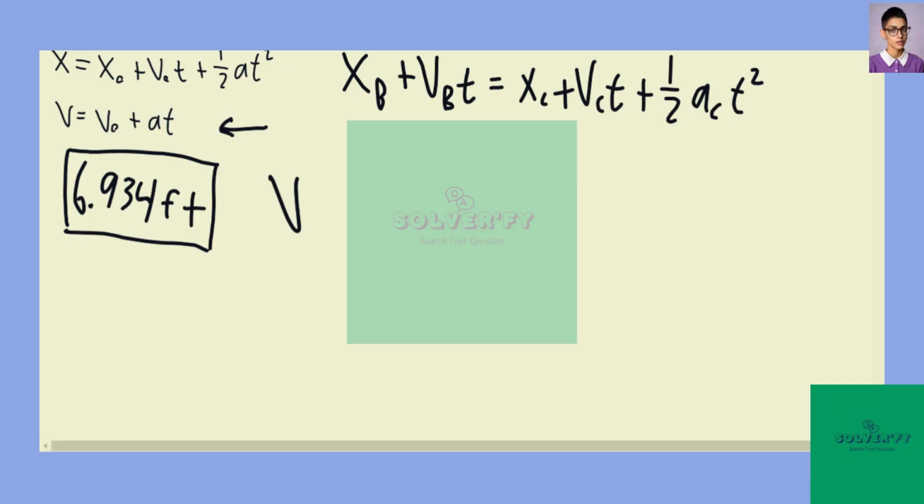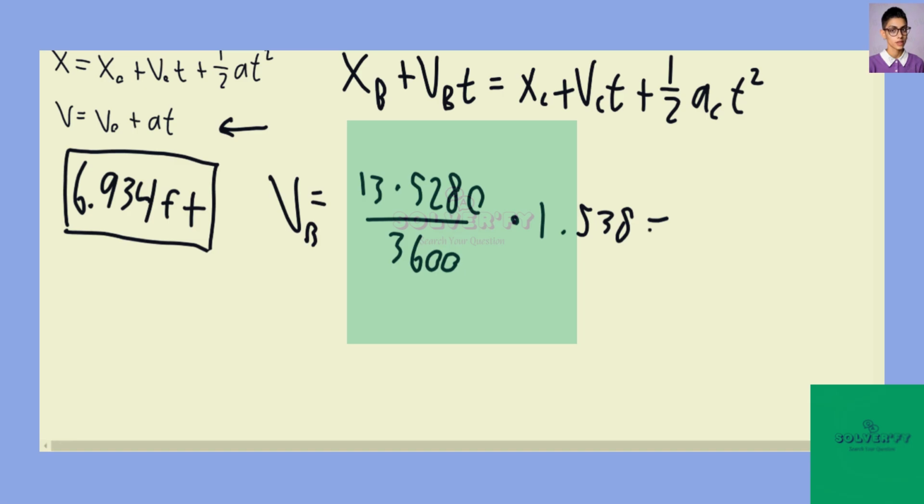So it would be V of the bike is equal to 13 times 5,280 all over 3,600 times t, which in this case would be 1.538, and this equals 29.333 feet per second.